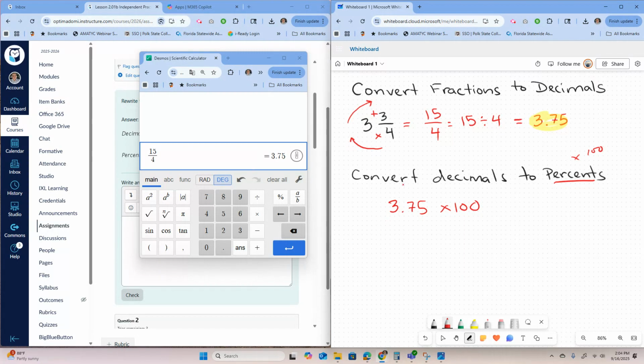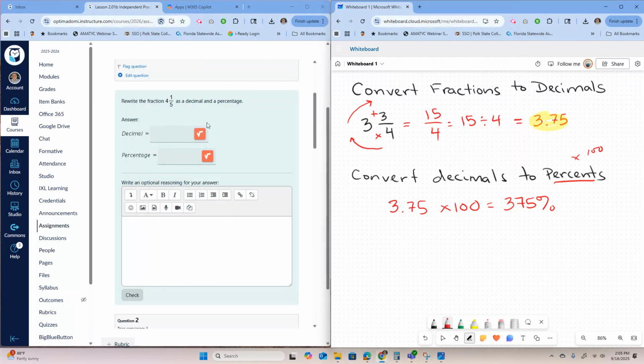That's how you make decimals into percents. You can do it in the calculator if you want. That's what I'm going to do here. I'm going to take my decimal and multiply by 100. And you can see I got 375. However, when you write your answer, make sure you put the percent sign. So 375%.